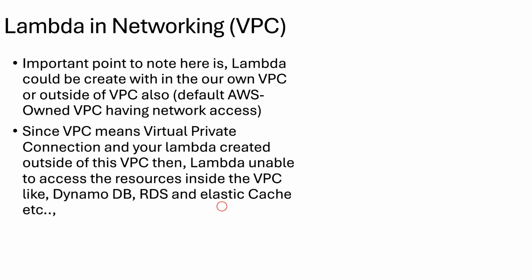Now you want your Lambda to access these resources inside that VPC. In that case, Lambda will fail to access those resources, because Lambda is created outside the VPC and these resources reside inside the VPC.